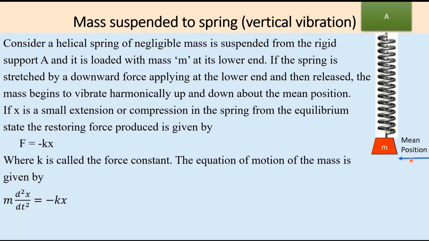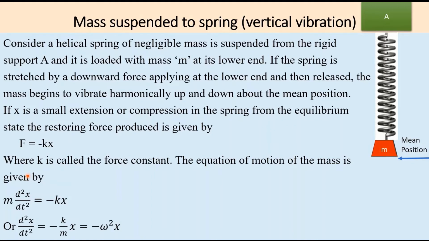The equation of motion of the mass is given by m d squared x by dt squared is equal to minus kx, because the restoring force is equal to the applied force, which is given by mass into acceleration. Here m d squared x by dt squared represents the force, so d squared x by dt squared is the acceleration.